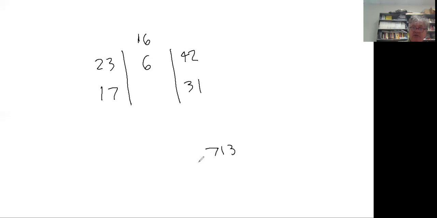What's 713 in base 60? So 660 would be 11, and the remainder would be 53. Okay, so up here we write 53 and we put 11 upstairs. So we have to write in there a 17.